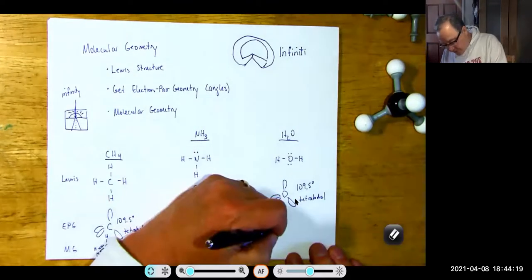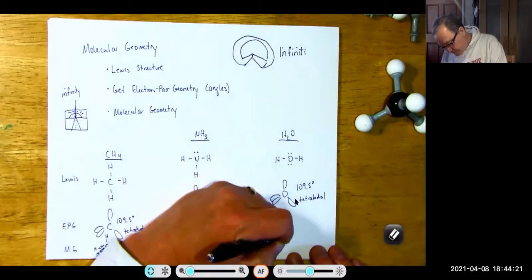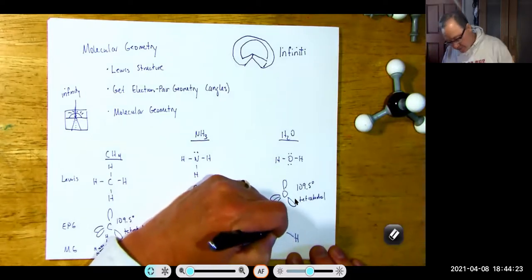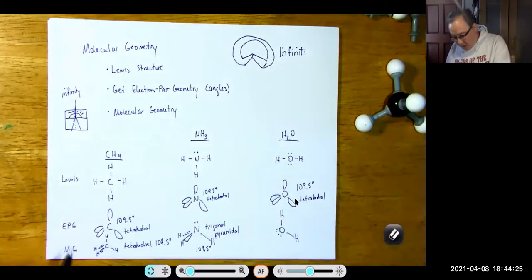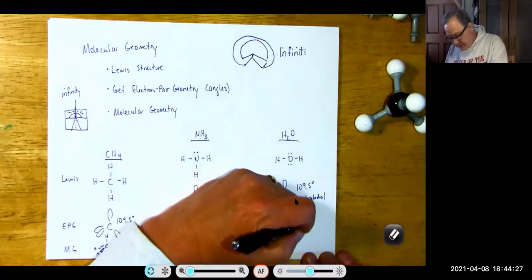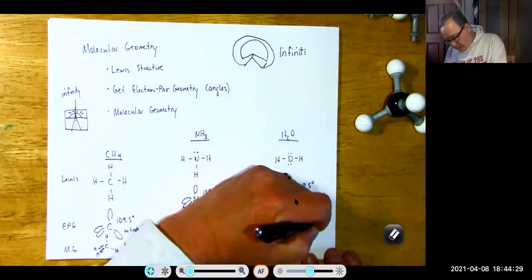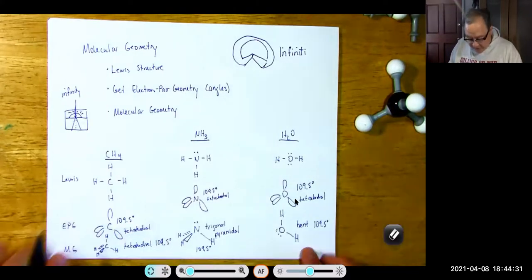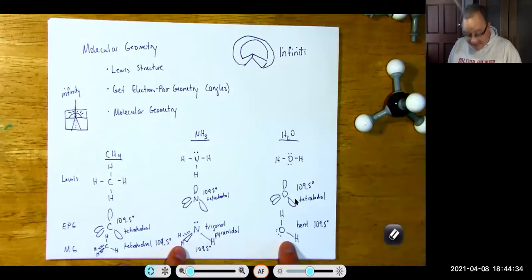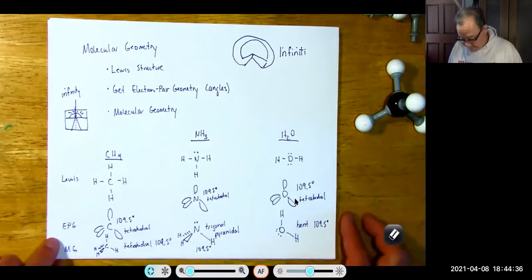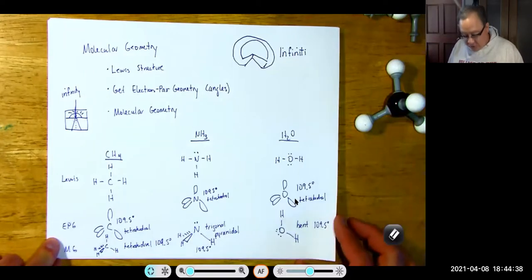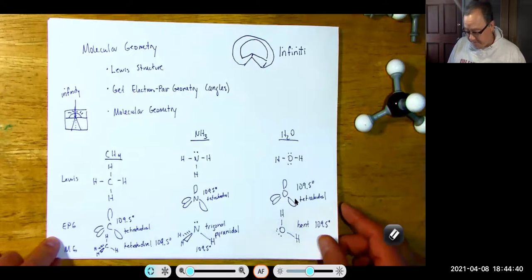And the answer is this way. And this one we call bent, 109.5. Now, you see how I drew this one and I drew this one? I said, these are the best ways to draw them. Right. Let me show you bad ways of drawing them.